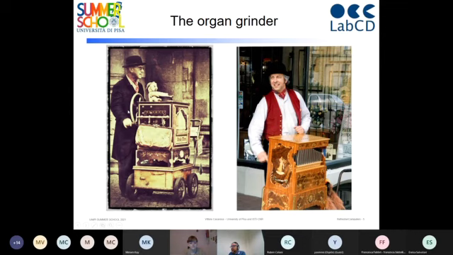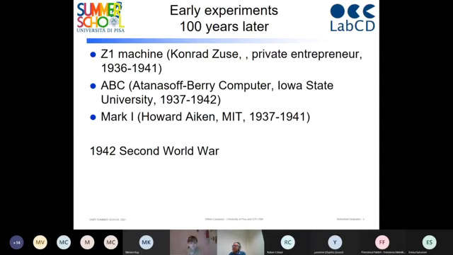And the music is actually codified on punched paper inside the machine. So this is just to have a glimpse of the past. Now, coming closer to us, for about 100 years, nothing happened.